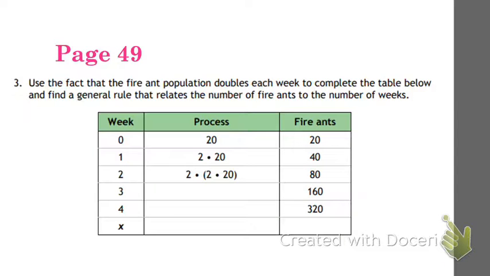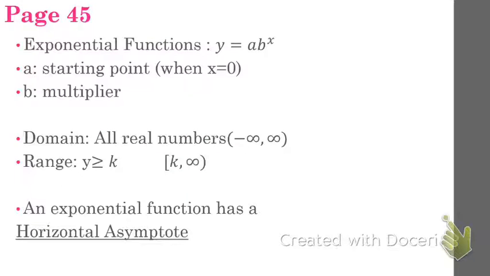Get to the next slide. Okay, page 45. So we got some definitions in here for you guys to fill in. Exponential functions. Our standard form of exponential functions is y equals a times b to the x power.